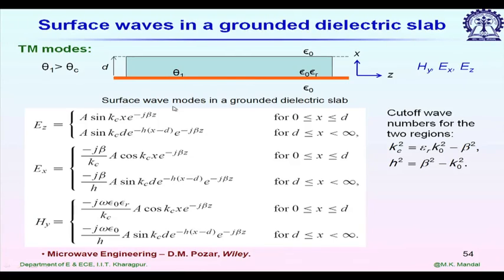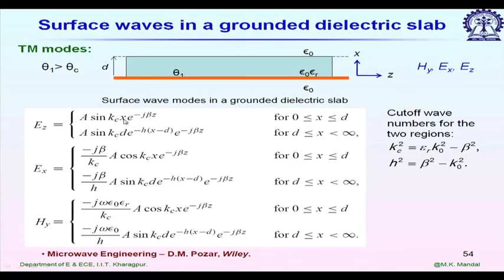Now, let us go to the solution. So, inside the dielectric, x equal to 0 to d. You note down that we change the direction of x, it is perpendicular to the ground plane. So, inside the dielectric we have sinusoidal variation of the Ez component.